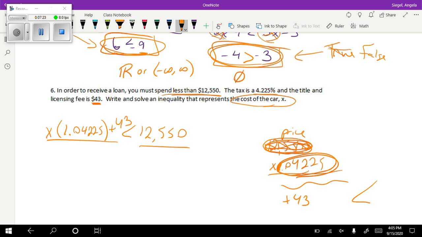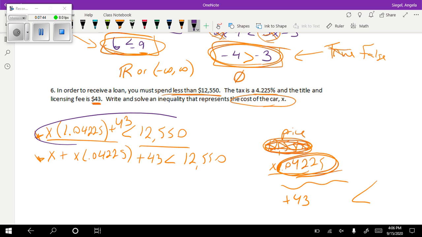So if that hurts your head, think about it as the price of the car plus the price of the car times 0.04225, plus 43 is less than that. Either one of these, however you see that, is just fine. We're eventually going to end up here anyway.